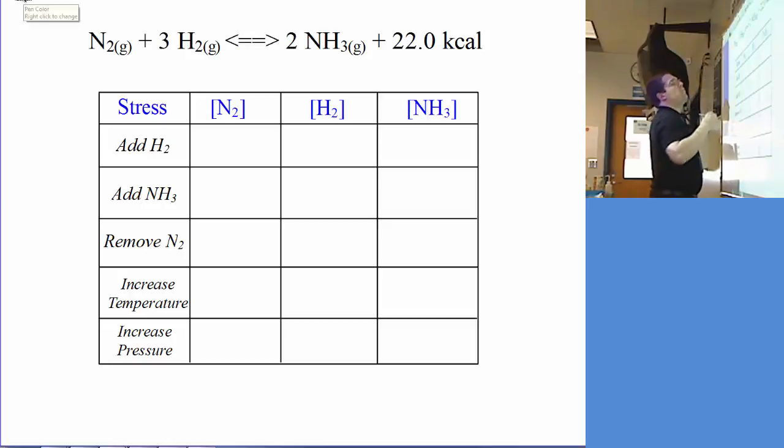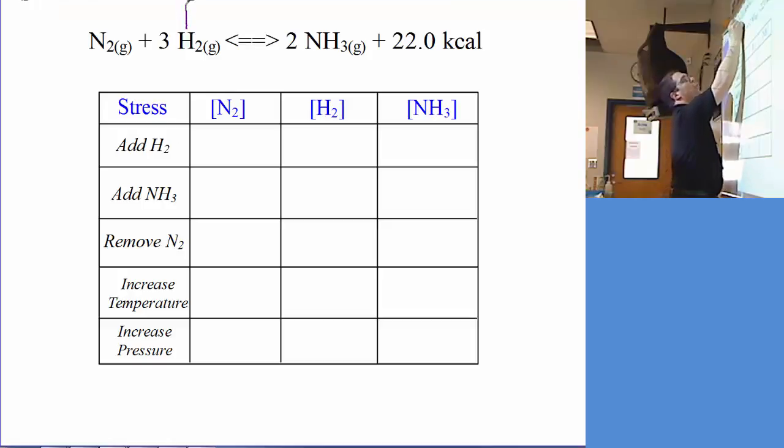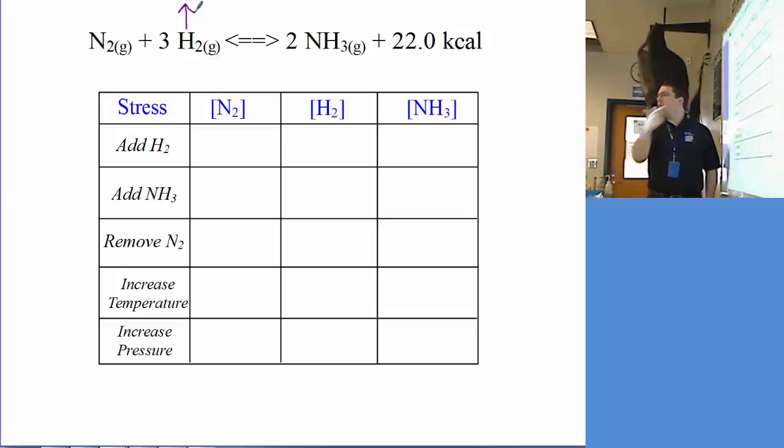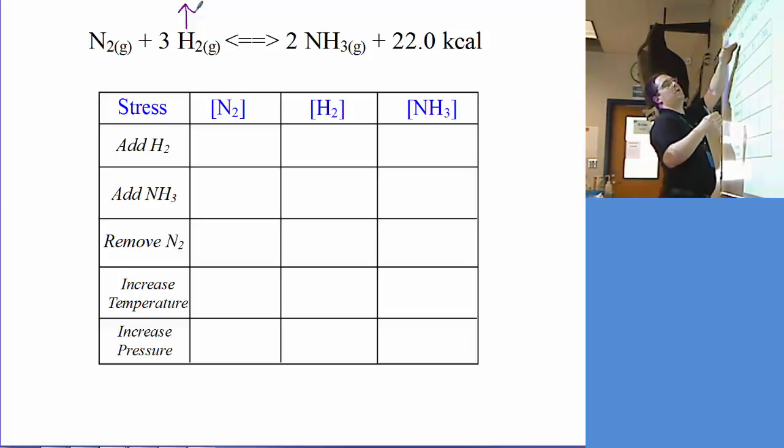All right, so in the first one, you have the example at the top of the paper there, so this should be the second one down, I believe, right? If we add hydrogen, so if our stress is we're going to increase the amount of hydrogen, we're going to pump more hydrogen into this system. When we add something, the reaction is going to shift away from that addition in order to use up that extra that we have.